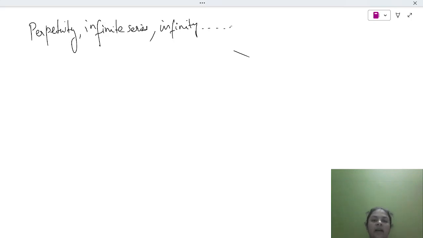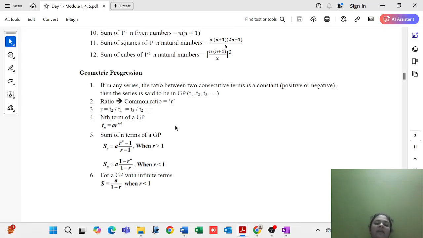So all of these are for this formula, for a GP with infinite terms, which is given as S is equal to A divided by 1 minus R, where R will always be less than 1.